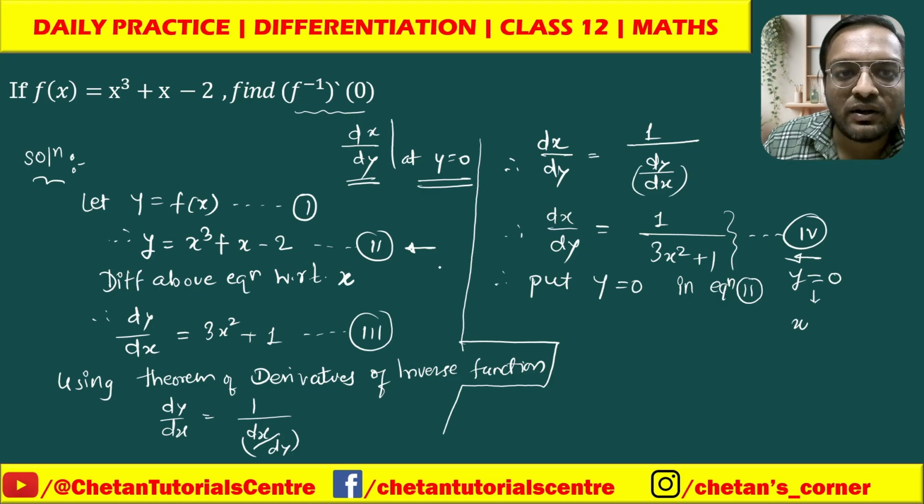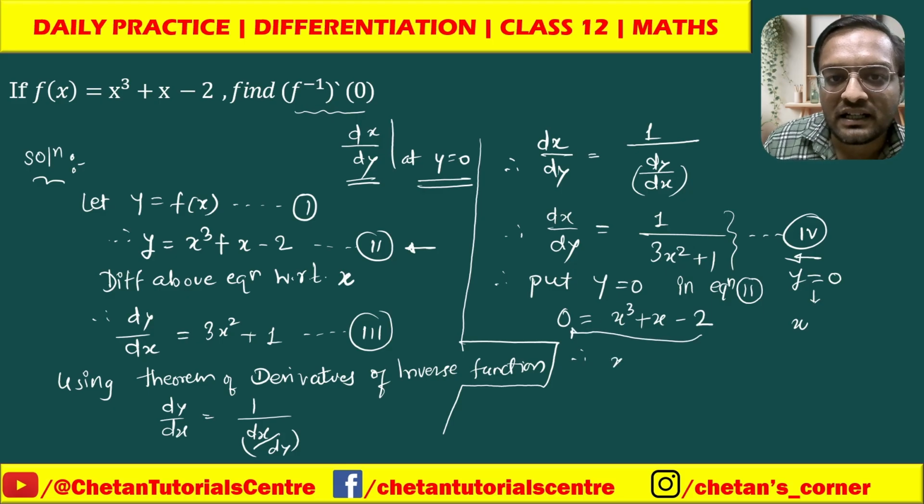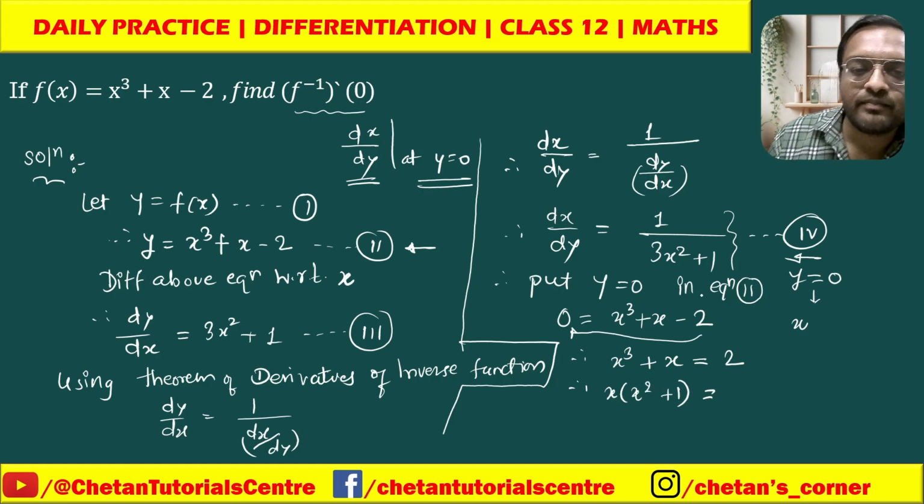So I will put this y is equal to 0 in equation number 2, and then I will get 0 is equal to x cube plus x minus 2. Therefore, I will shift this 2 on left side of this equal sign. Then what I will get? x cube plus x is equal to 2. Now I will take x common from this, and then what I will get? x into x square plus 1 is equal to.